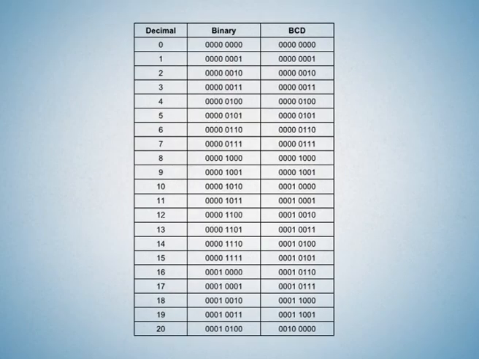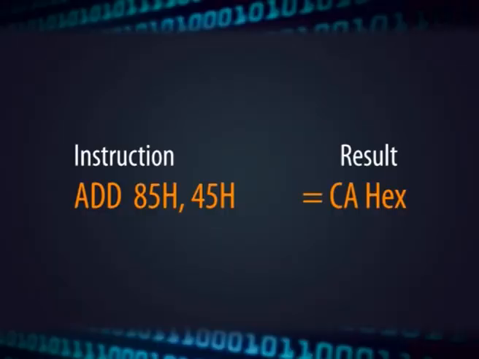As we know, in BCD format, 4 bits are allocated to every digit, so 4 bits in binary are needed to represent a digit. When the addition of these numbers is performed using the add instruction, the result is CA hex.